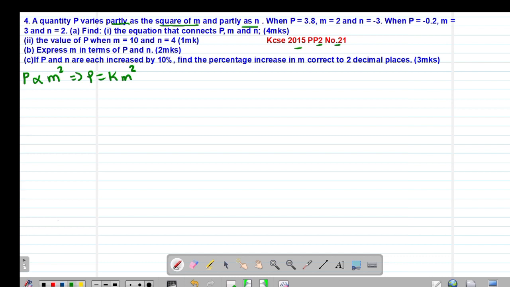So the same P is also varying partly as another quantity N. So this implies that P will be equal to another constant C multiplied by N.